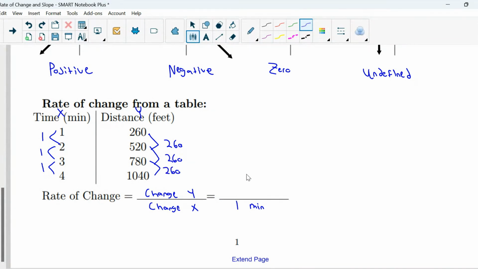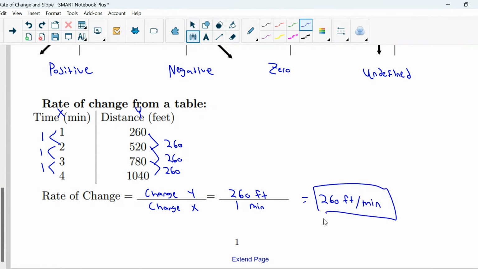So our change in y is 260 feet. Okay, right here, we have a unit rate. So really, we could represent this as 260 feet per minute.